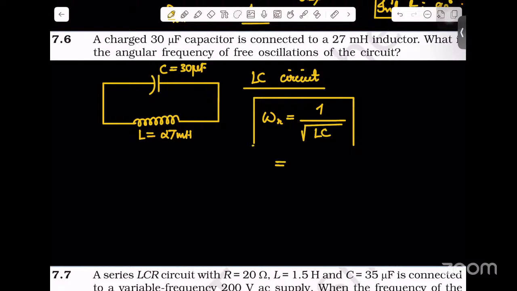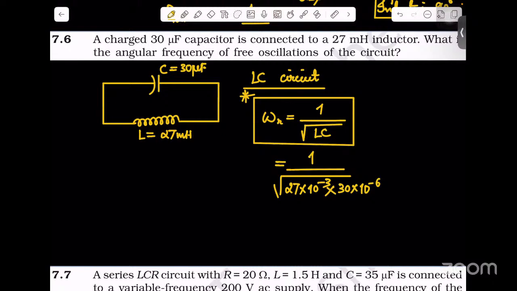It would be 1 upon square root of L, which is 27 mH, times 30 microfarads, right?